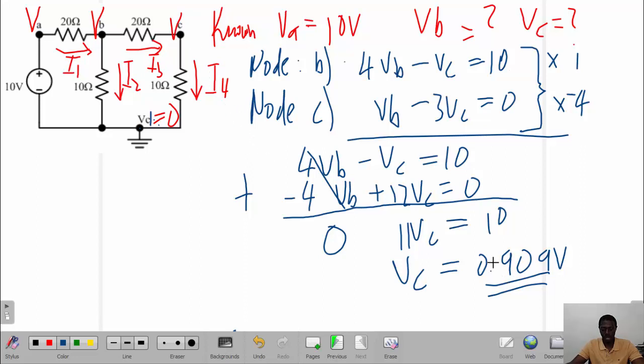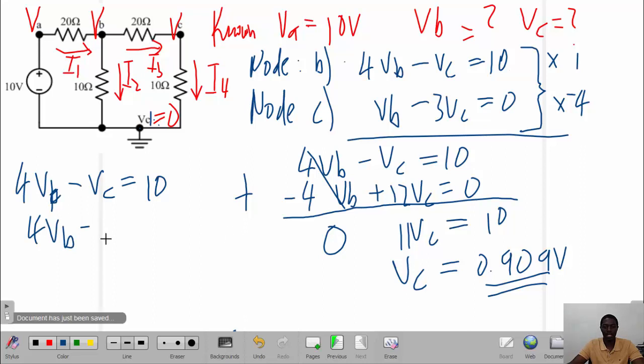And then we now use this to put it into the equation. So we can choose one of the equations. We can say 4VB minus VC equal to 10. We replace in there our VC, which becomes 4VB minus 0.909 equal to 10.